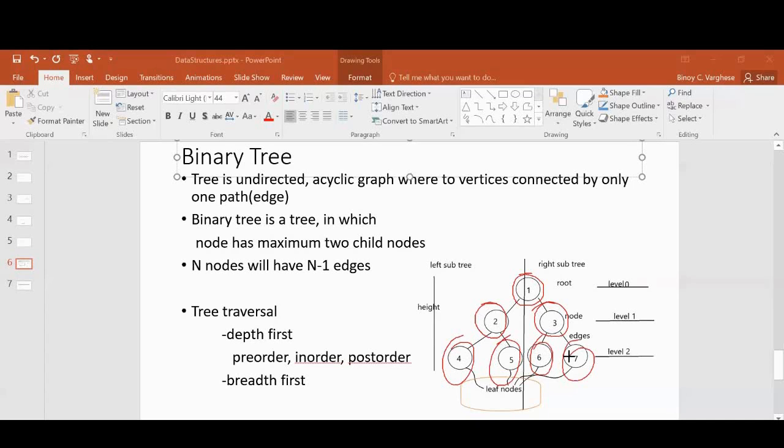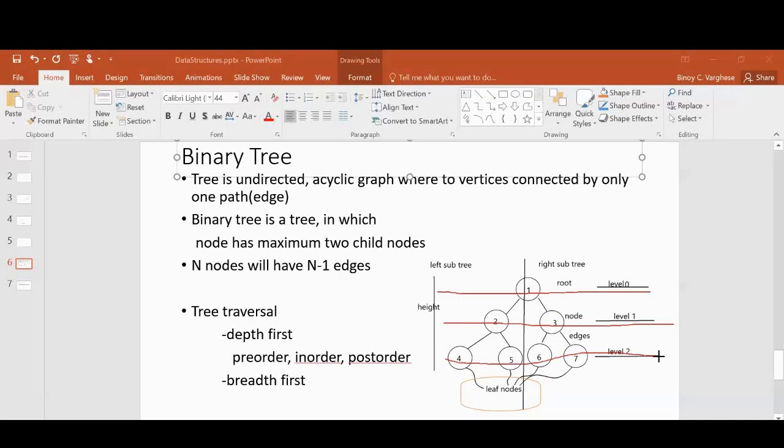So we can say this is level 0, and 2 and 3 are level 1 nodes, and 4, 5, 6, 7 are level 2 nodes.